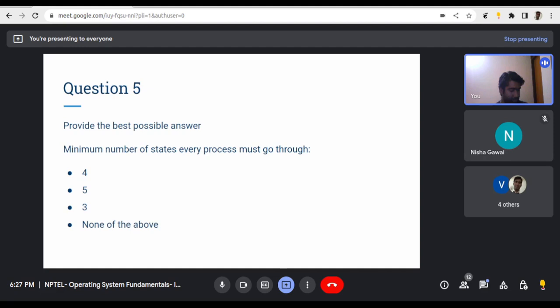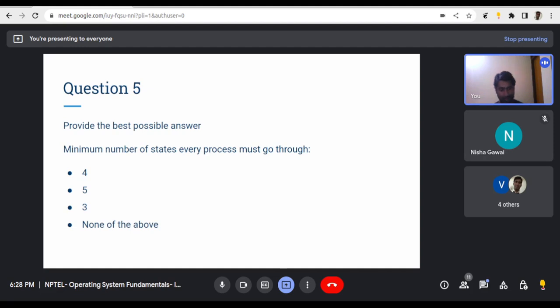Then it gets the CPU time, so it moves on to the running state, and it may not require any input output operations. Suppose you are typing a C code where no input is accepted from outside, and you are just printing hello.